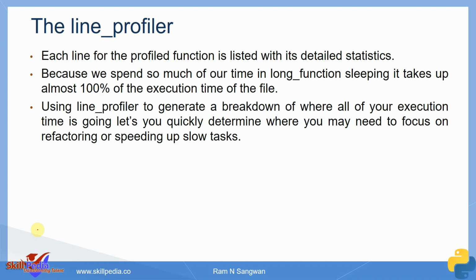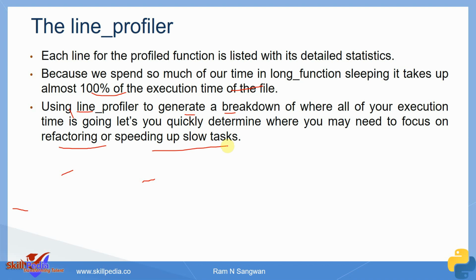Each line of the profiled function is listed with its detailed statistics. Because we spend so much time in long function sleeping, it takes up almost 100% of the execution time in our case of the file. Using line profiler to generate a breakdown of where all the execution time is going, let us quickly determine where you may need to focus on refactoring or speeding up the slow tasks.